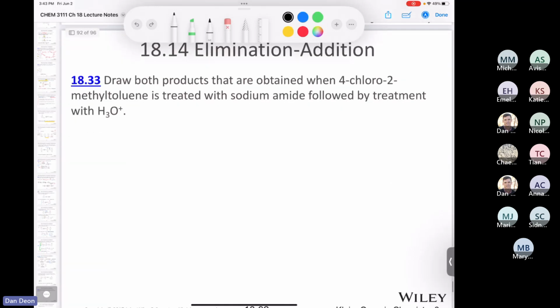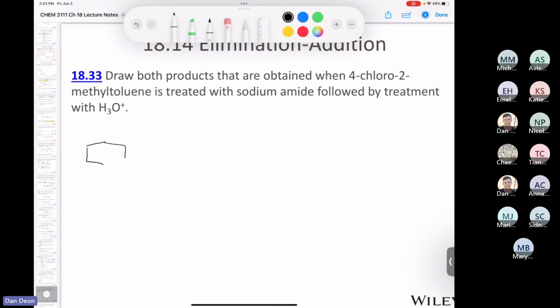With that in mind, let's try one practice problem with respect to elimination addition. It said draw both products that are obtained when 4-chloro-2-methyltoluene is treated with sodium amide, followed by treatment with aqueous acid. So if we draw a toluene, it looks like this.